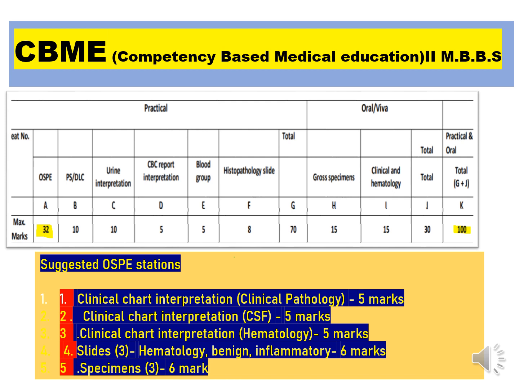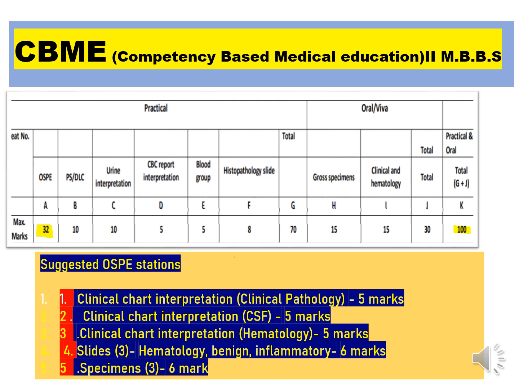Clinical chart interpretation of hematology: again, some case history and the values or laboratory results will be given. You have to correlate and come to the diagnosis. Like in the past, there will be slides of hematology and histopathology.